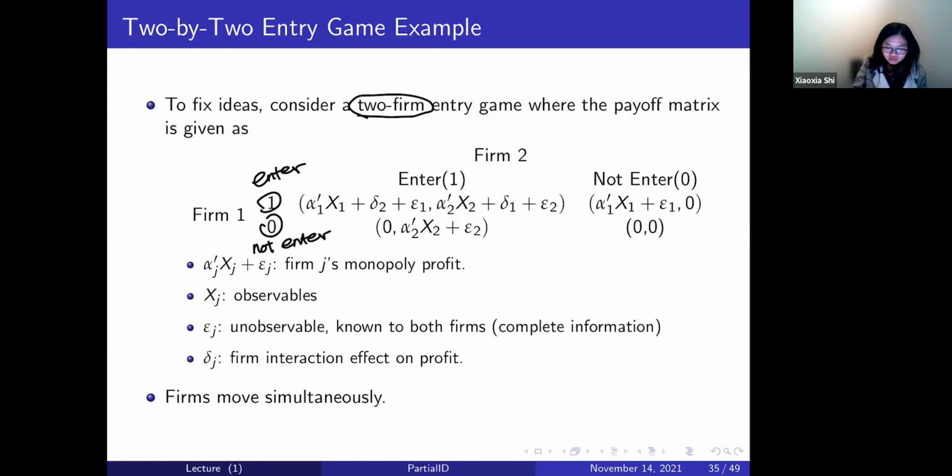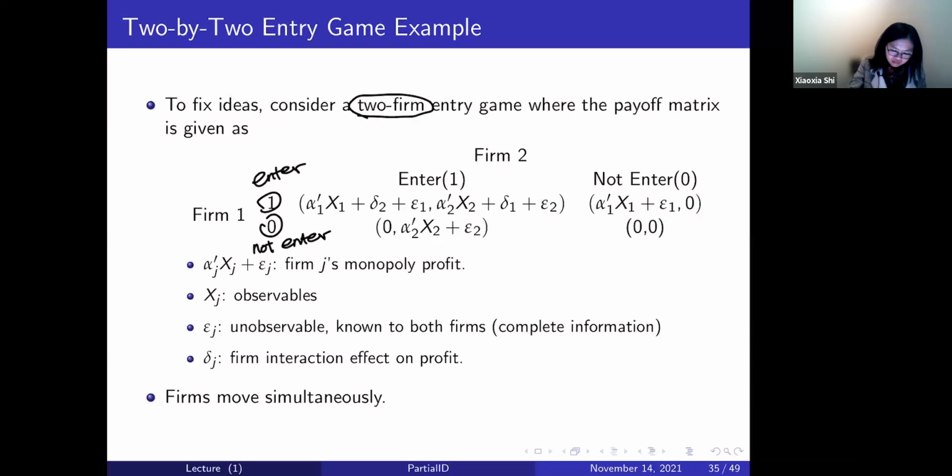When no one enters, they both earn zero profit. When both enter, they earn duopoly profit. And when firm one enters and firm two doesn't, firm two earns no profit, but firm one earns monopoly profit, right? And it's analogous here. When firm one does not enter but firm two enters, firm one earns no profit, but firm two earns monopoly profit, right? So these are the payoffs of the firms.